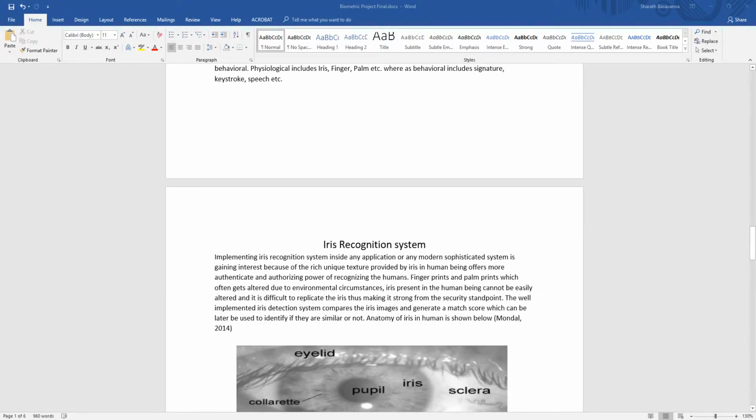This is the introduction of what is biometrics and what is a biometric authentication system. Now coming to the specific project, the iris recognition system. I was interested in working on the iris recognition system.